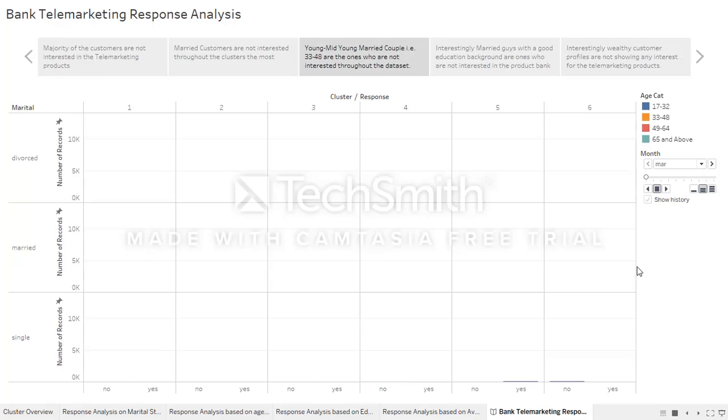Now coming to the third story point, where we observe the behavior of cluster responses, keeping the marital status of the customers along with the age category of the customers, and animated it along with the month's attribute.